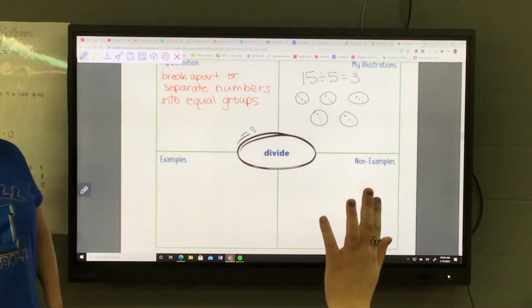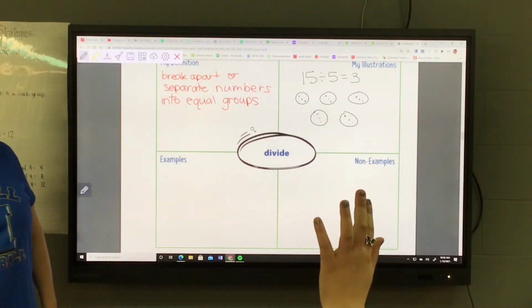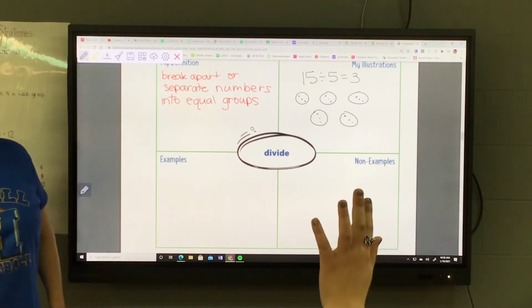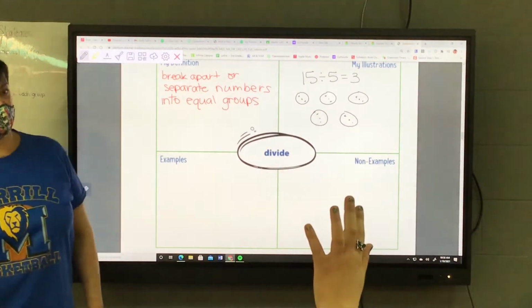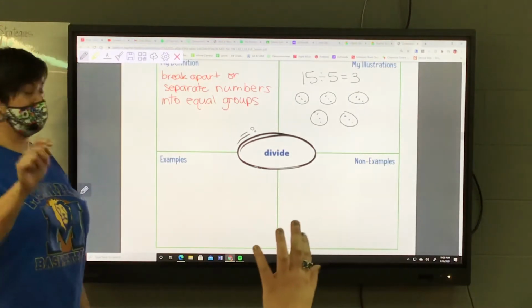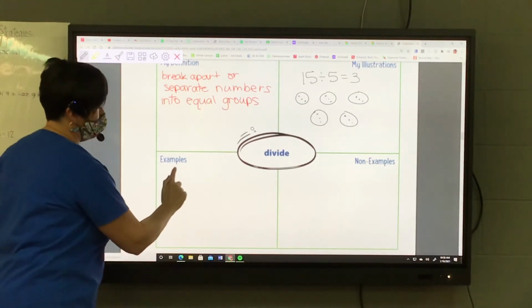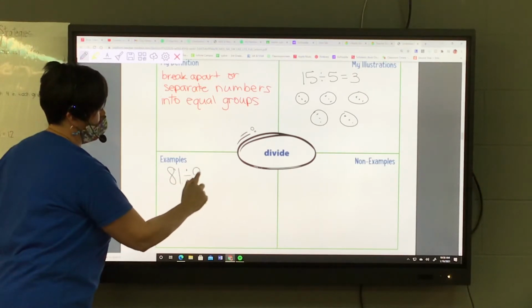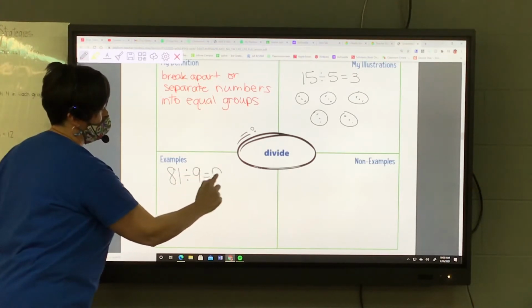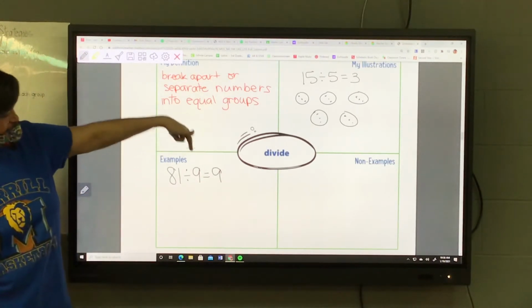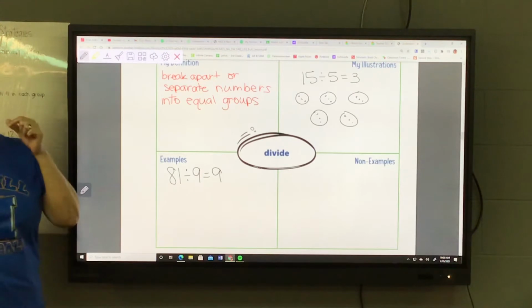No, you're multiplying. Yes. So she fixed it to say 81 divided by 9 equals 9, because 9 times 9 equals 81.